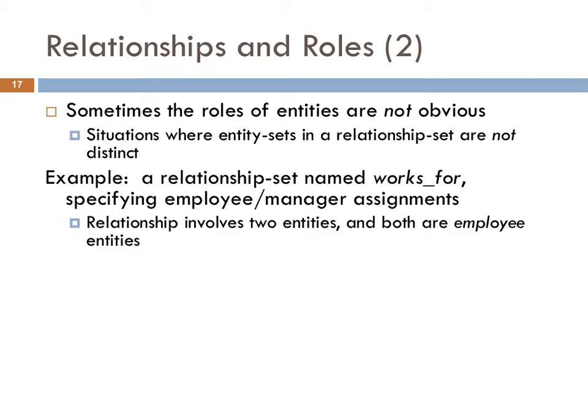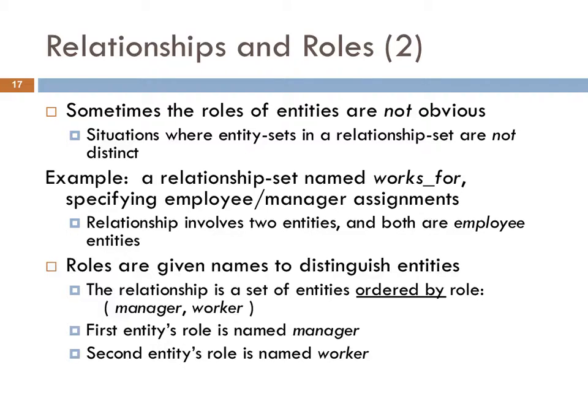I'm the one who has to make sure that they're doing what they're supposed to do. So that's an example of why we might want to specify the role in certain circumstances. So you might have something like manager and worker, or employee and manager. It's pretty easy to do.